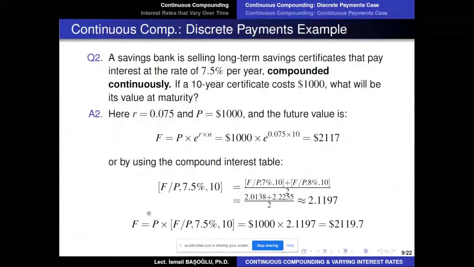Now we are going to take these two values and take the average of them, and that is going to become 2.1197 approximately. And when we multiply this value with 1000, again we are going to get a solution that is very close to the previous value that we have. So that's it basically. You can use the second table for continuous compounding. However, the payments should also be discrete again.